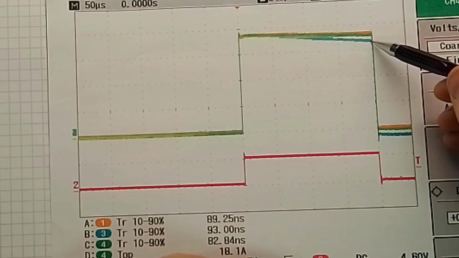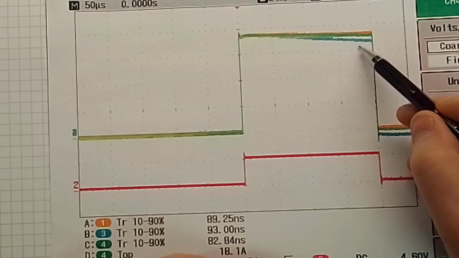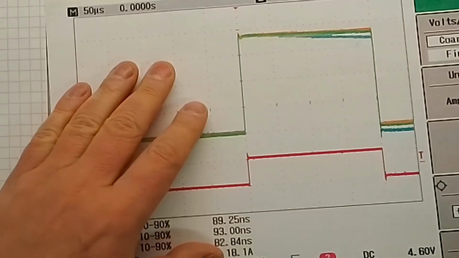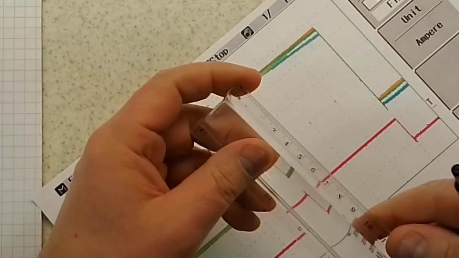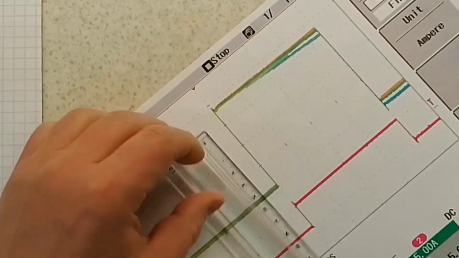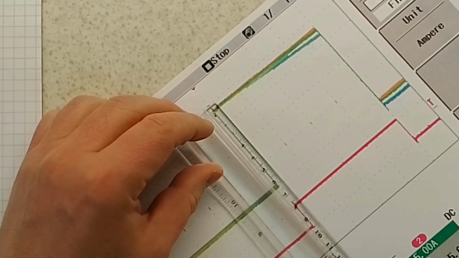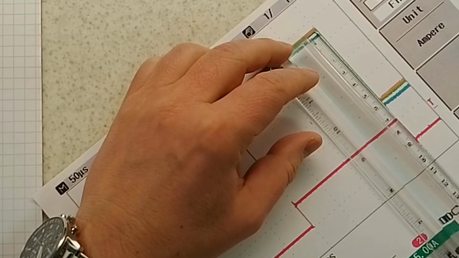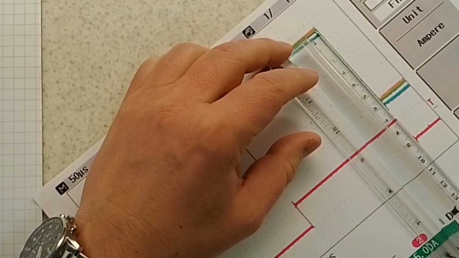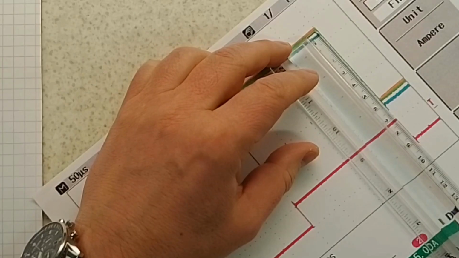And next one is Rogowski coil. We can measure it here. 62 millimeters and droop is maybe 56.